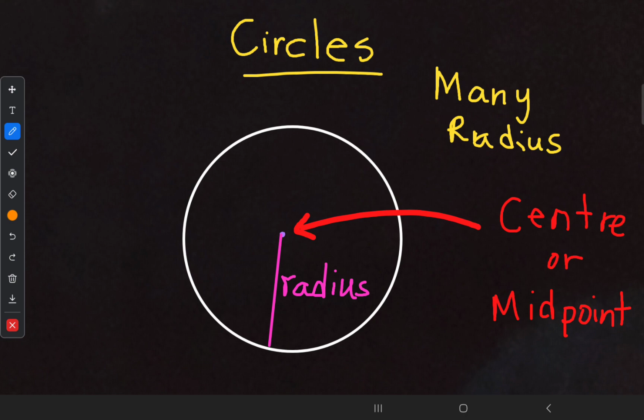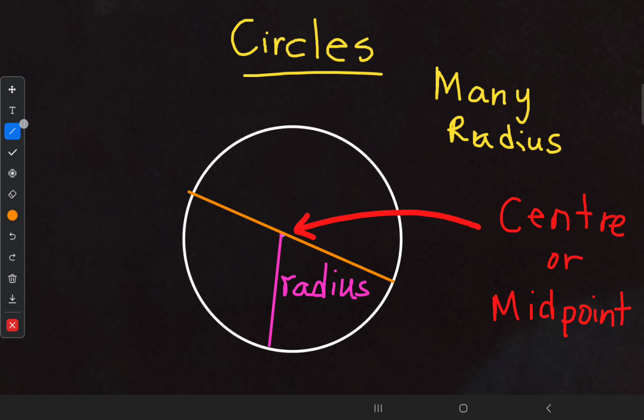The next important thing is this. From the circle, you should use your ruler to draw these things. From the circle through the midpoint, when we draw a straight line to the other side of the circle, try to understand what I am telling. It's very easy.